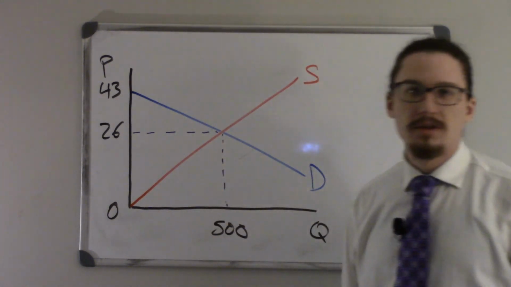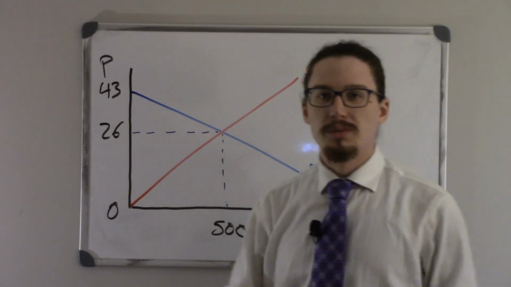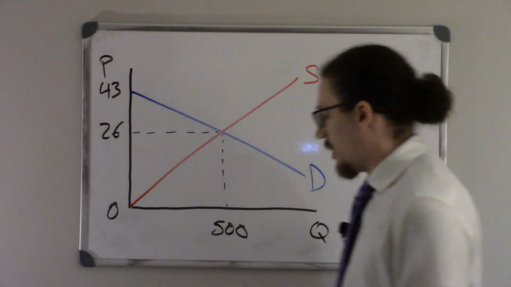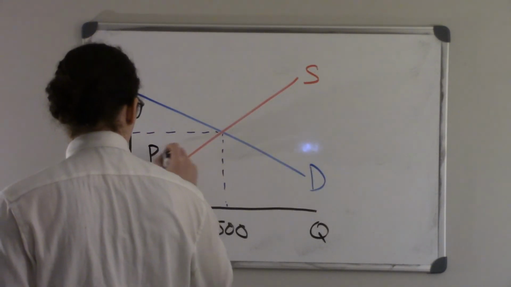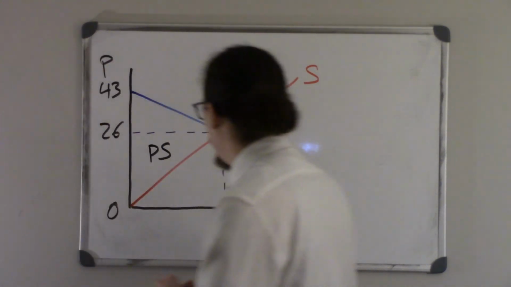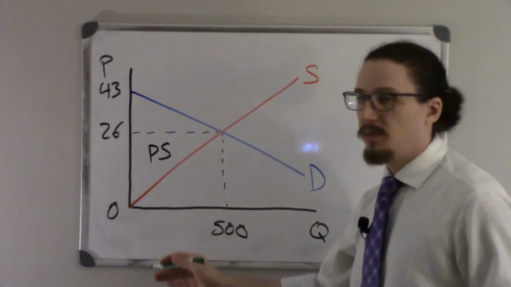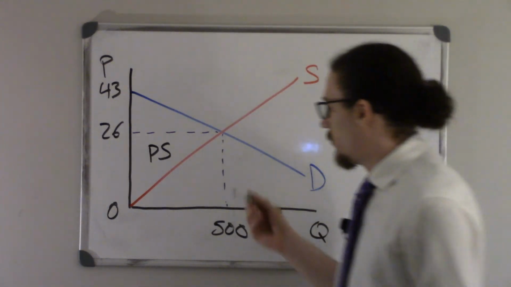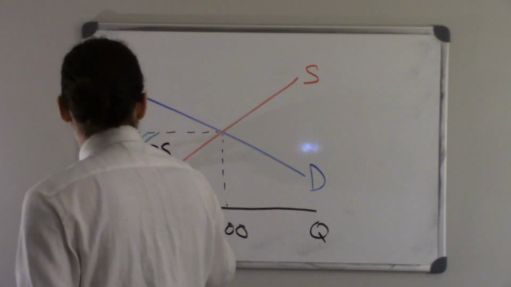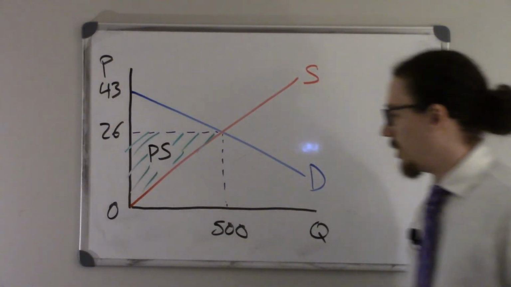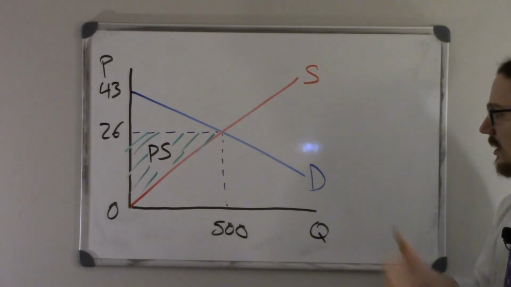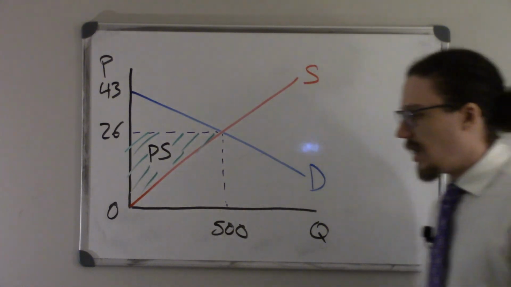This part of the curve represents all those suppliers who are able to produce this good at a cost lower than the equilibrium price. So this triangle, below price and above the supply curve, this is the producer surplus. Once again, it's a triangle.